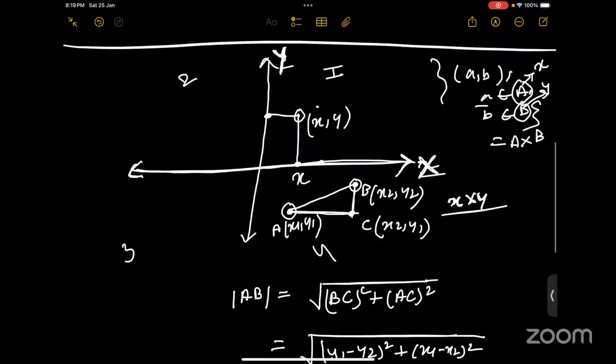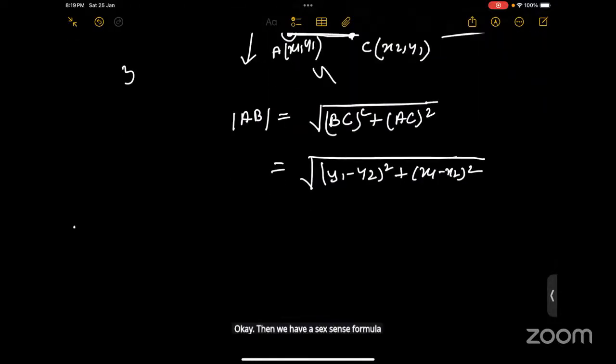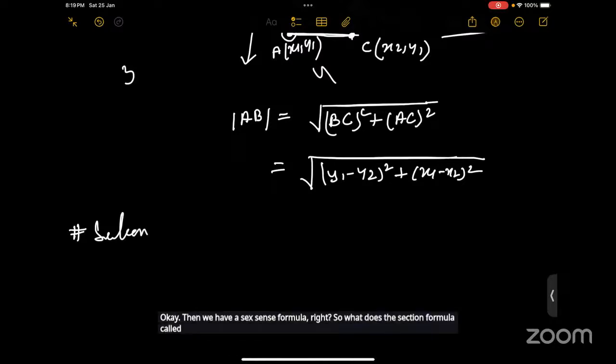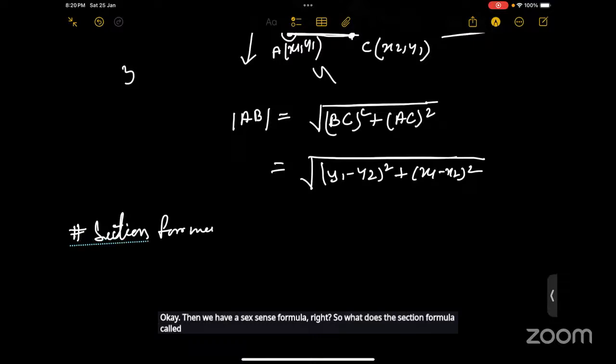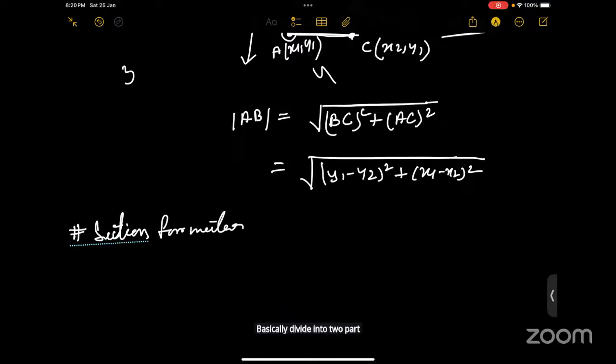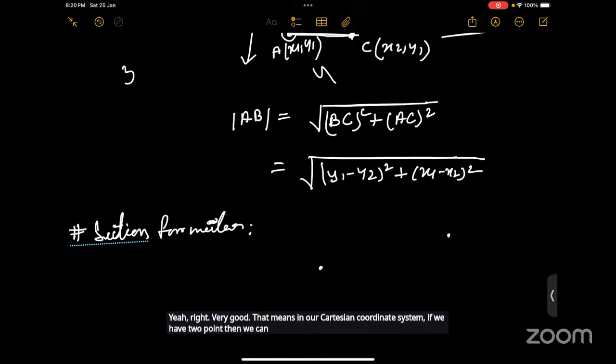Then we have the section formula, right? So what does the section formula mean? Basically dividing into two parts. Yeah, very good. So in our Cartesian coordinate system, if we have 2 points, then we can consider a line which joins these 2 points, right?